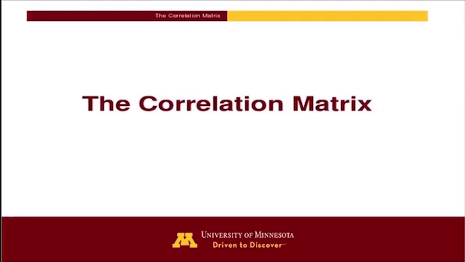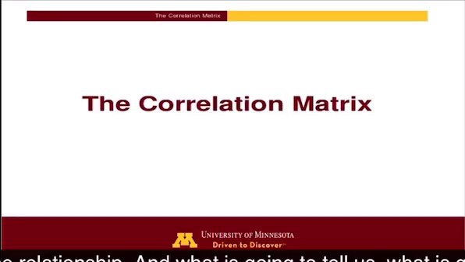Covariance only tells me the direction of the relationship, how they vary together. It cannot tell us the magnitude, the strength of the relationship. Correlation gives us that information. Does that make sense?